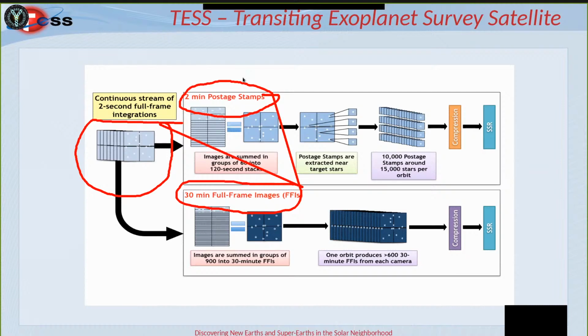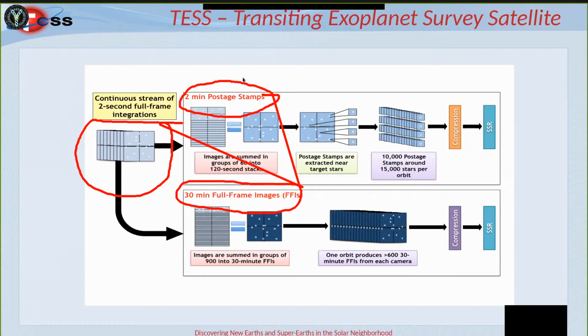As I told you, there is a bandwidth limitation and storage limitation, which means that you cannot save everything, and you have to make some sort of compromise. The shorter the cadence, the smaller the total number of stars that you can observe during a sector or an orbit, which means that you really need to carefully justify your targets.